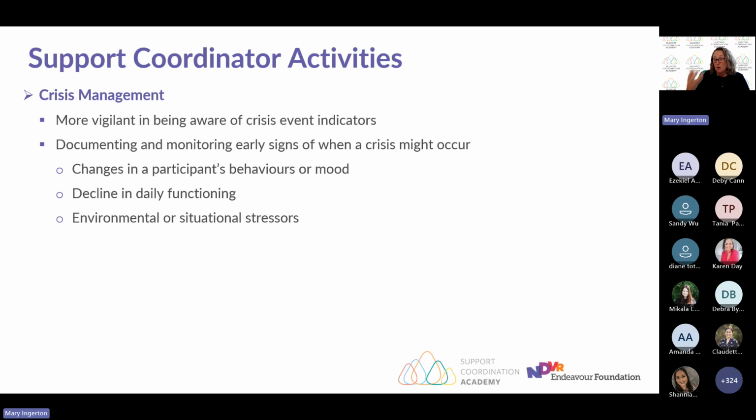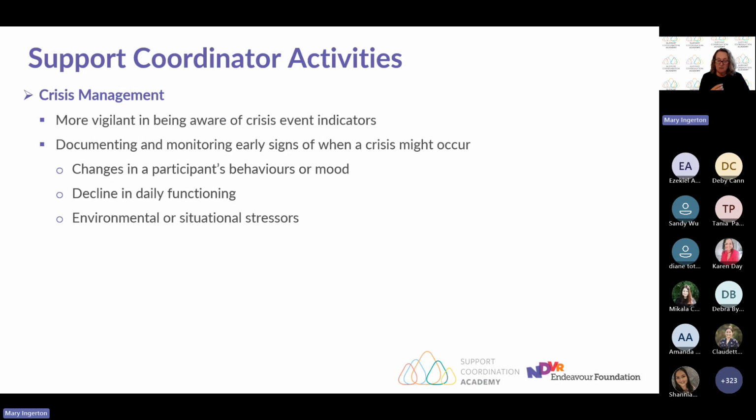And so it's really about being more proactive and investigating why that's happening, putting those strategies in place and planning ahead around funds that are needed. Okay, it could be in relation to maybe a decline in daily functioning.